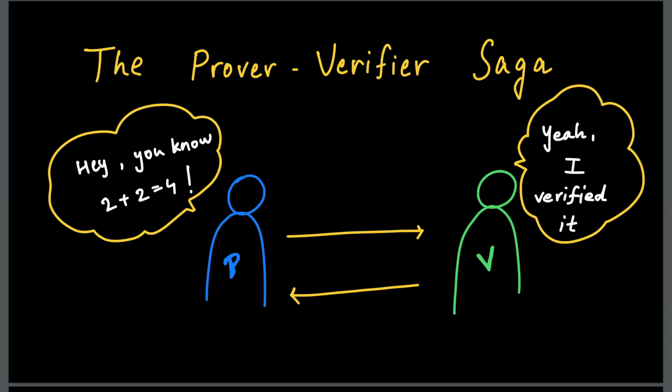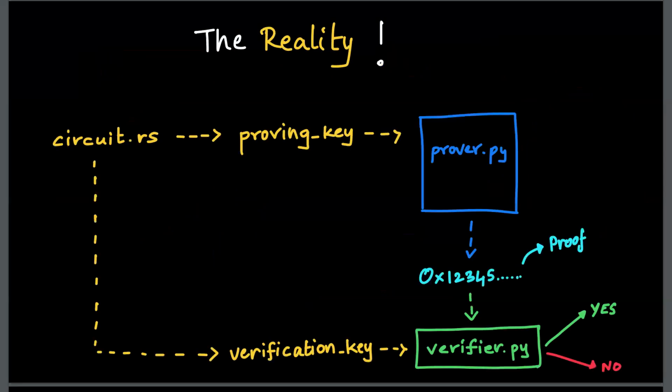The prover tries to prove some logic, and the verifier is there to see if the computation has been done correctly or not. Most introductions to zero knowledge protocols start that way.